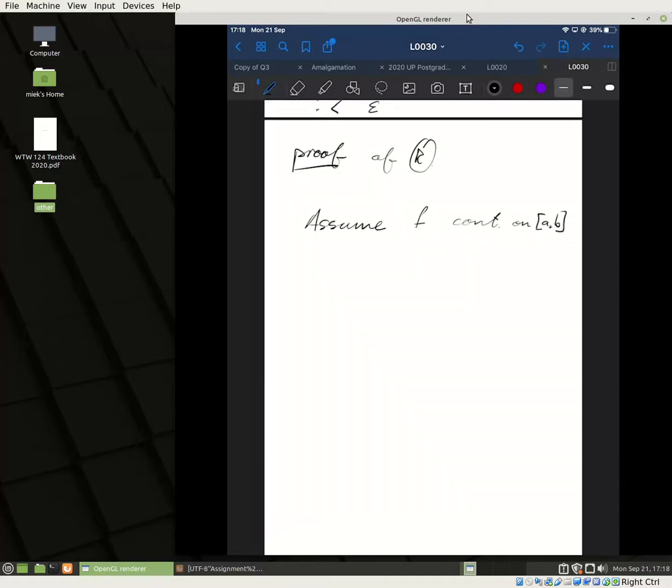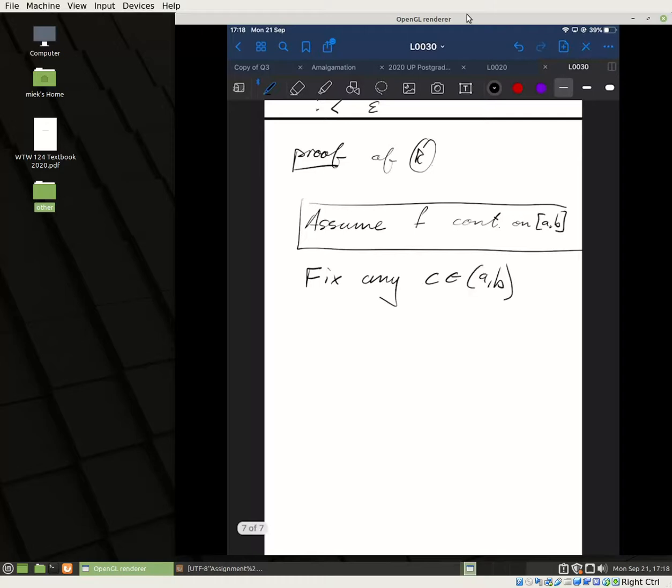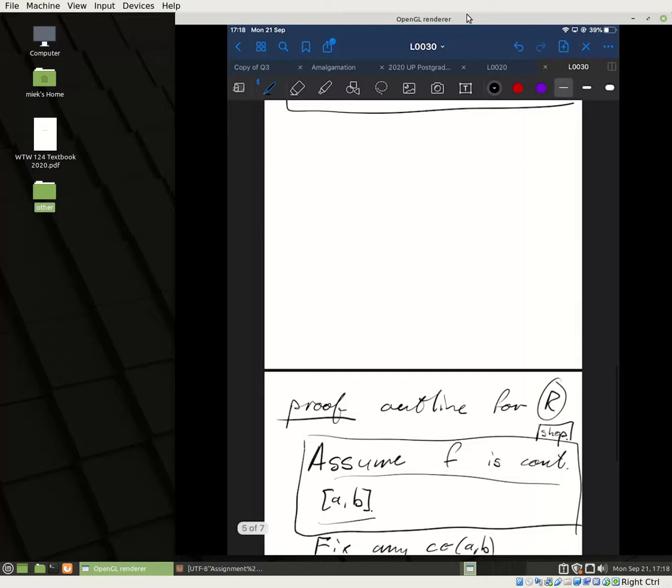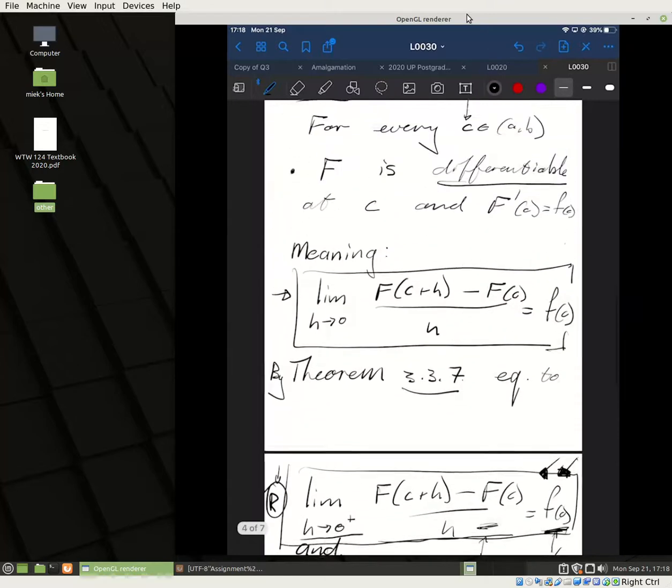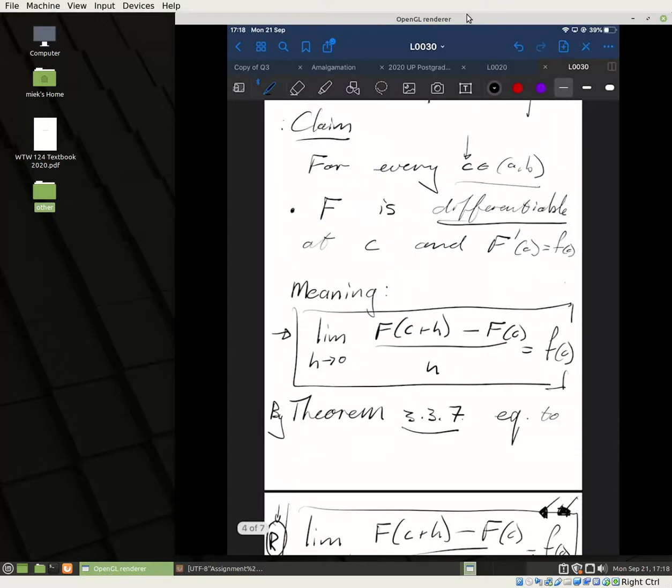So of course we assume, that's part of our statement, that little f is continuous on [a,b], and we fix any c in the open interval (a,b), because the statement we want to prove is that for every c, capital F is differentiable and its derivative is that.